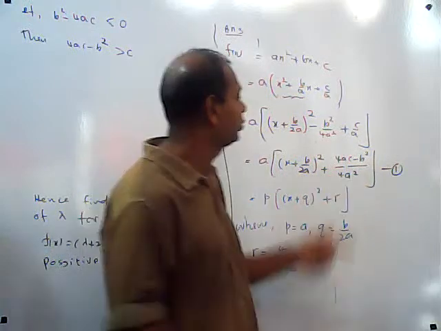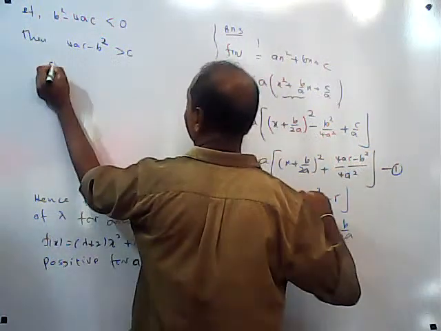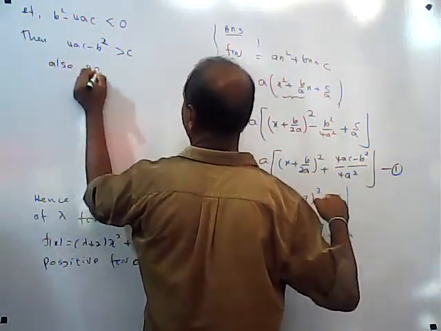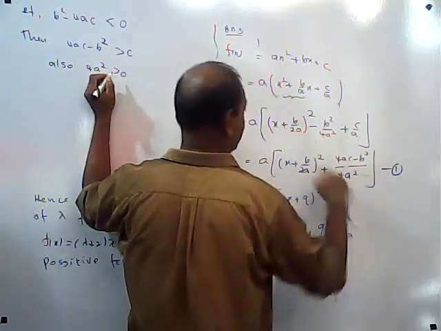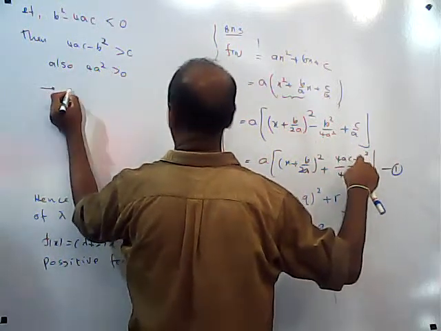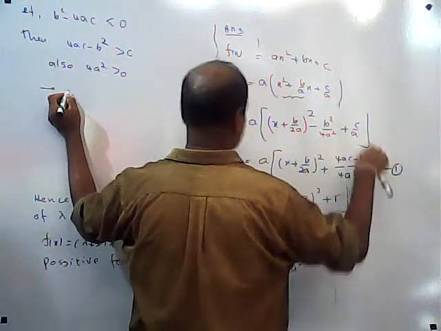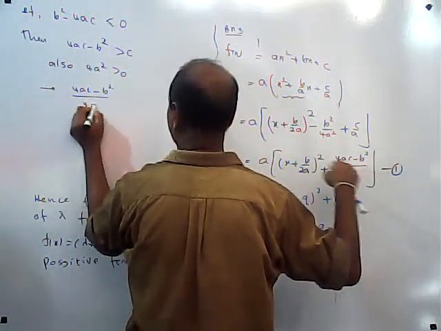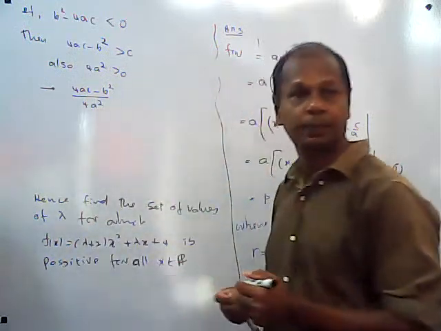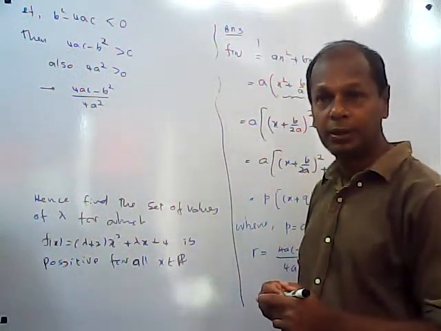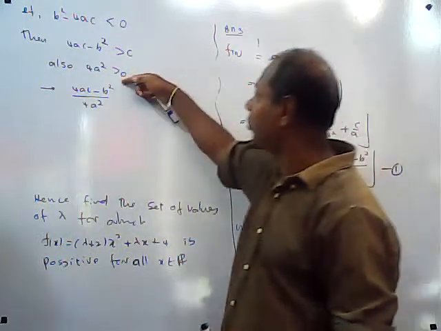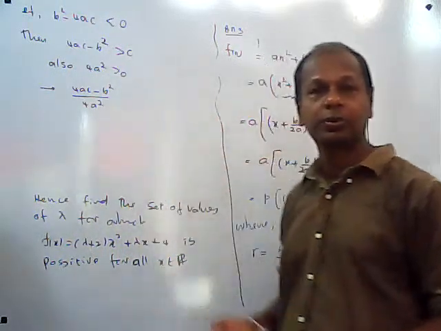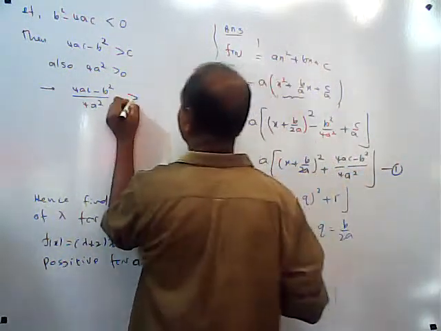So the whole thing, 4ac minus b squared over 4a squared, is definitely positive. The numerator is positive, the denominator is positive.